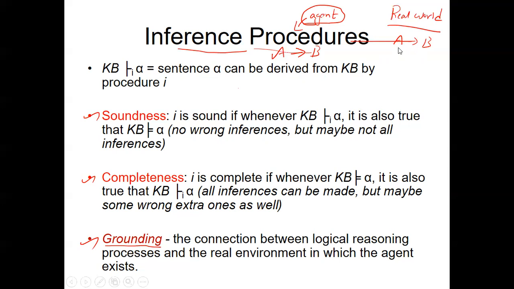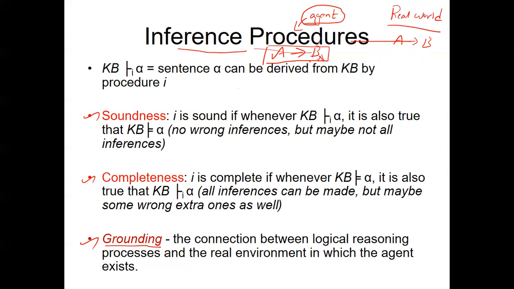That checking is called grounding. So say the inference algorithm may derive b from a by following all the syntax, all the rules of the language or the grammar perfectly. There may not be anything wrong syntactically in how it derives a particular sentence from the knowledge base or whatever it may be.